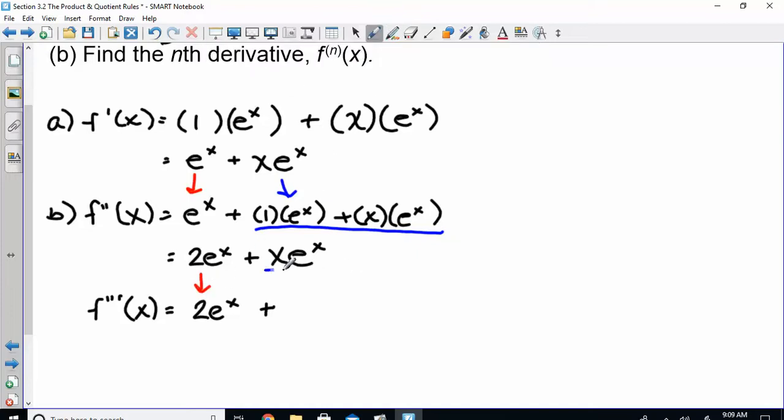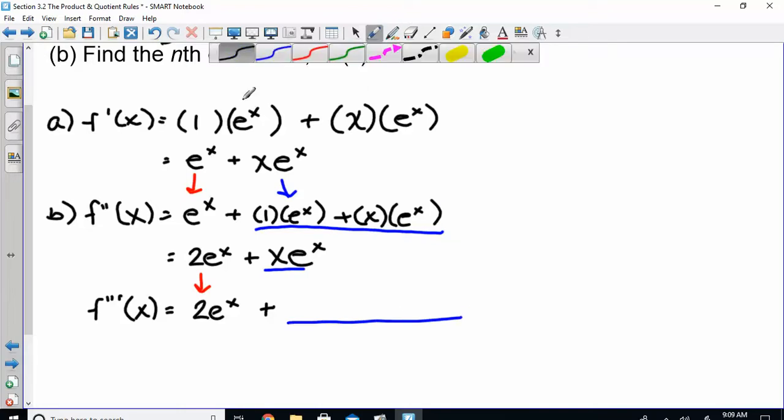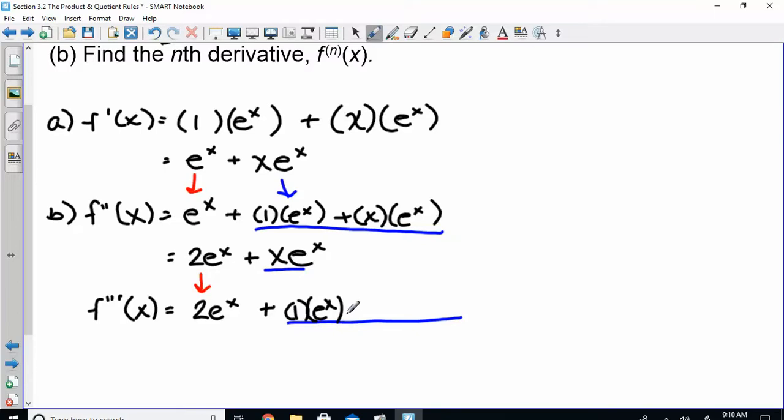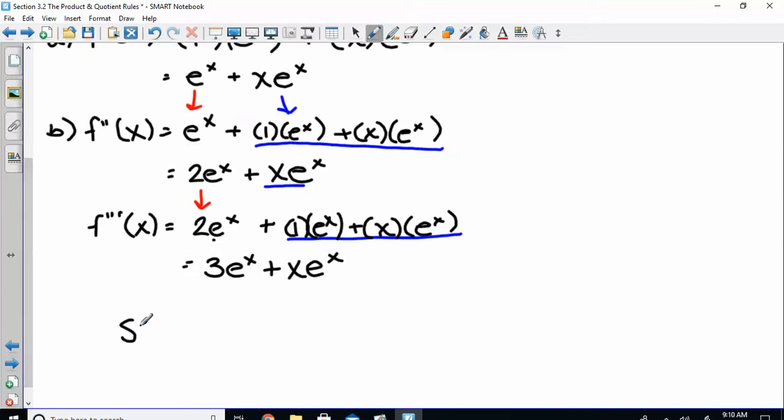Then the derivative of x e to the x, we've worked that out twice now. That's just our product rule. The first times the derivative of the second, plus the derivative of the first times the second. 2e to the x plus e to the x is 3e to the x plus x e to the x.